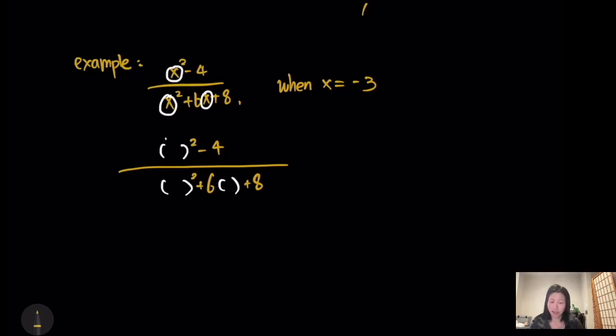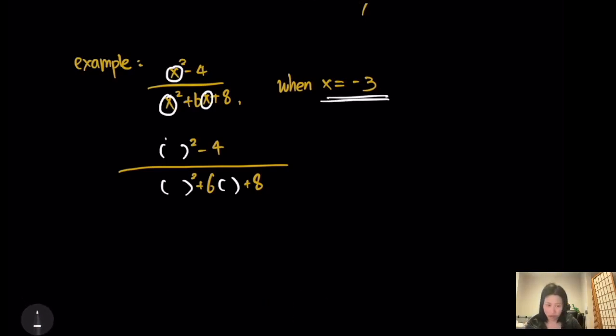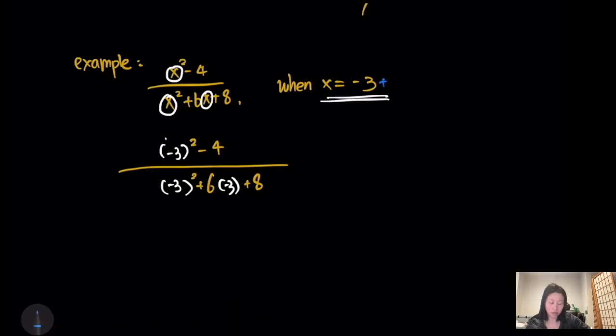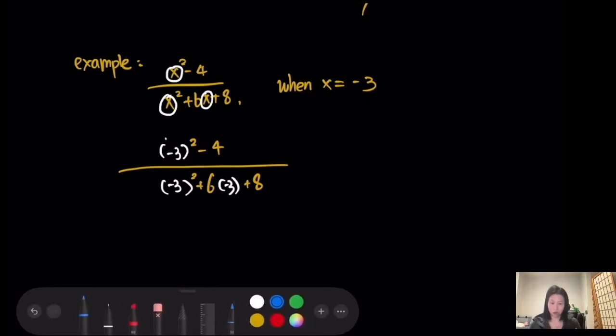You replace all the x with parentheses, and now you fill in the parentheses with whatever you need to substitute, such as -3. This is super useful because sometimes you substitute with an expression such as x -3 plus a, and then you can substitute the whole thing inside the parentheses. Right now, we don't need to do that. So always get used to putting the parentheses.